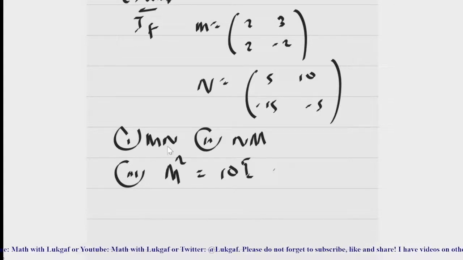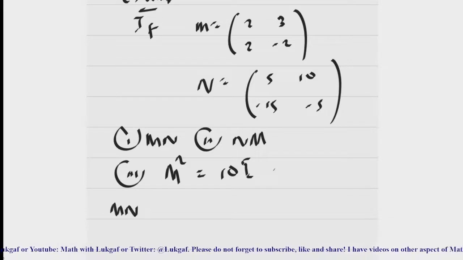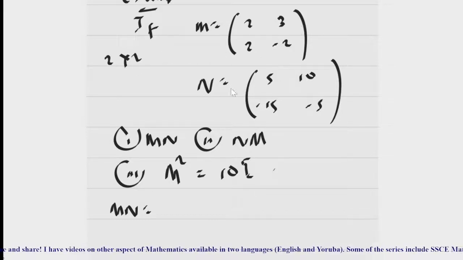Okay, let's see. Can we multiply MN together? Before you can multiply, you have to check whether they are defined or not, so you check for their conformability. What is the order of matrix M? That is 2 by 2. What is the order of matrix N? It is also 2 by 2.